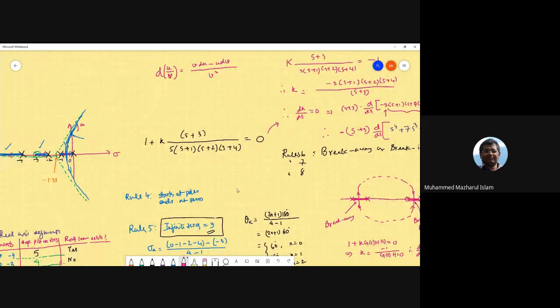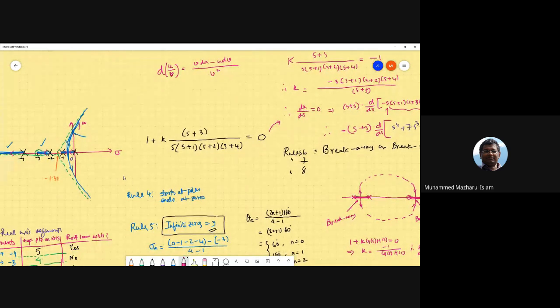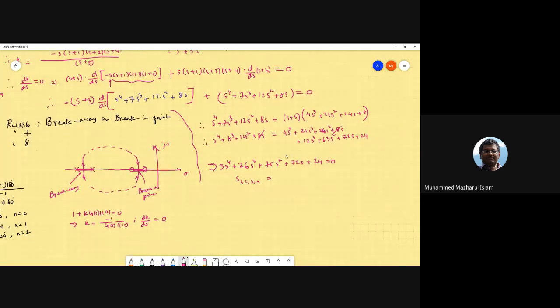All other solutions should be discarded. So you'll have to know the real axis portions of the root locus first. If you know that the real axis portion between 0 and -1 is present, then you should understand that there should be a breakaway point between these two values. So you should expect the solution of the dK/ds equals 0 equation to contain at least one real number between 0 and -1.